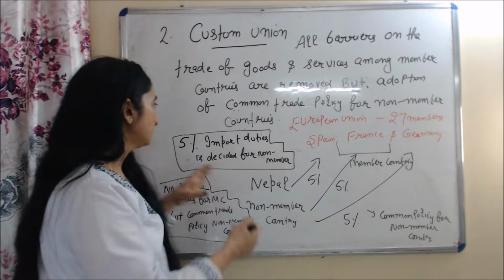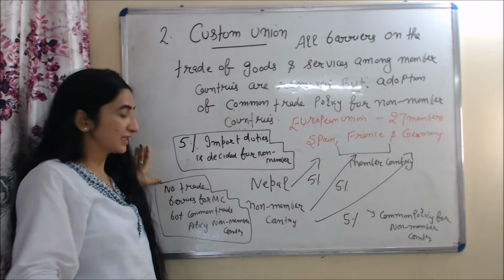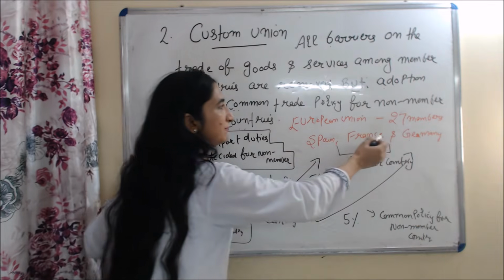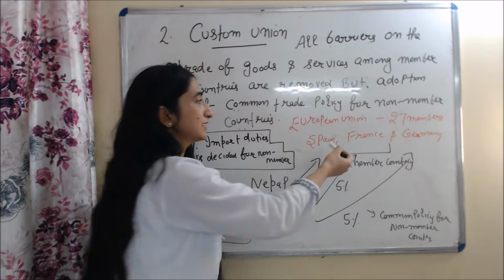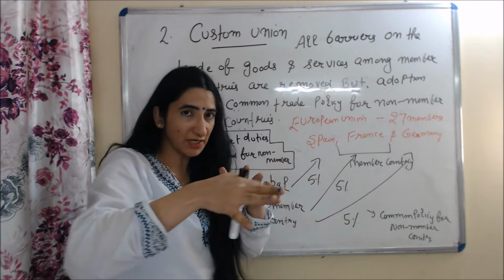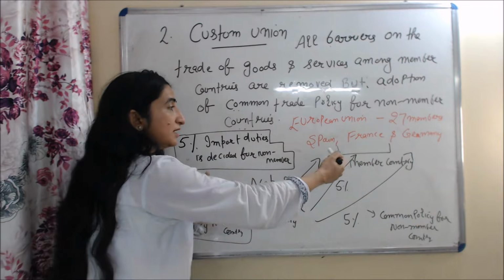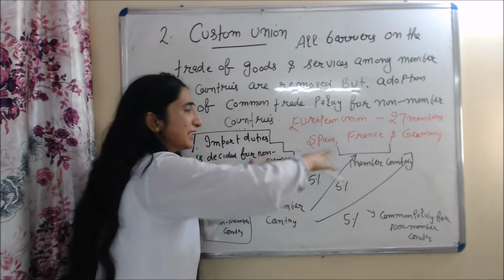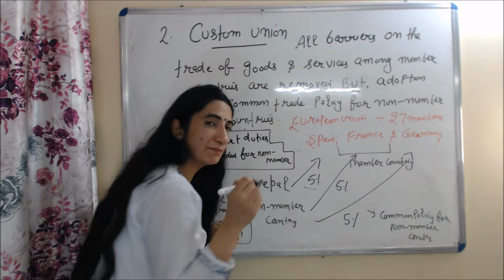For example, a 5% import duty is decided for non-member countries, and here our non-member country is Nepal and member countries are Spain, France and Germany. If member countries Spain, France and Germany are doing trade with each other, then there is no trade barrier. But if Nepal is importing from any of these member countries, then it has to pay 5% import duties.